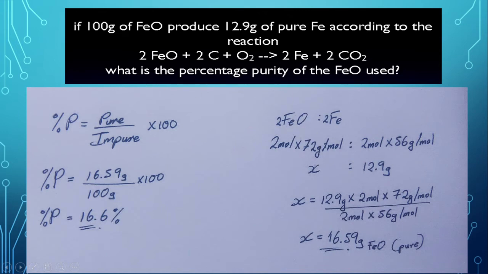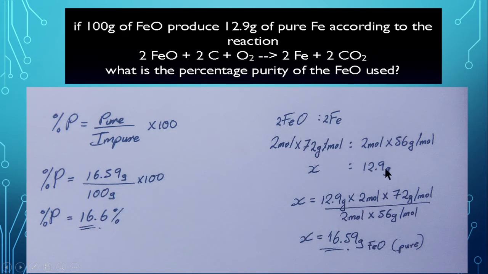From my balanced equation, 2 moles of iron(II) oxide react with this species here to give me 2 moles of iron. So 2 moles times the mass of iron oxide, and 2 moles times 56 grams for the mass of iron. Therefore X should give me 12.9.